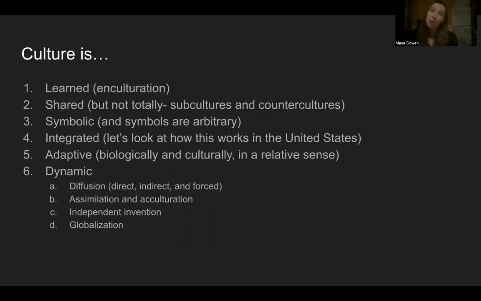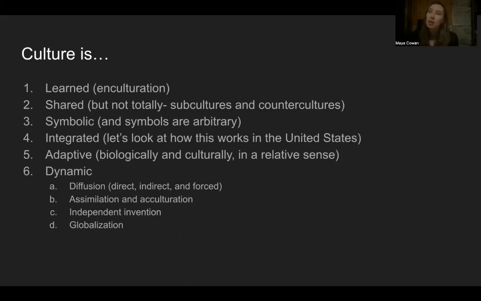So before I get into our next category, to talk a little bit more about culture, these are some of the features that are often listed when we talk about culture. And I think they're pretty useful in terms of getting a real grasp on what culture is. So culture is learned through a process called enculturation.